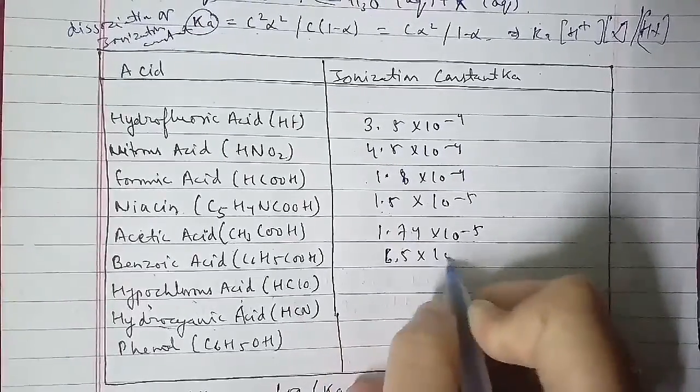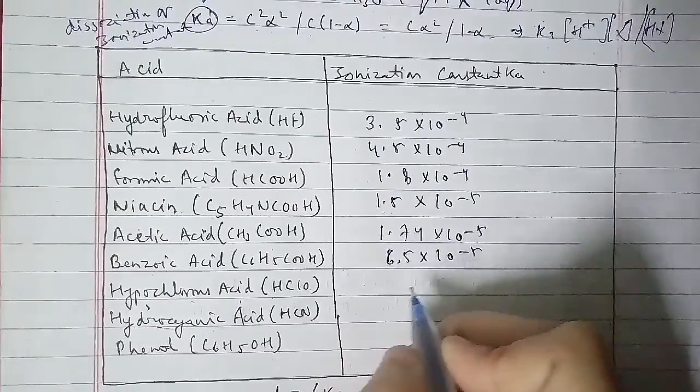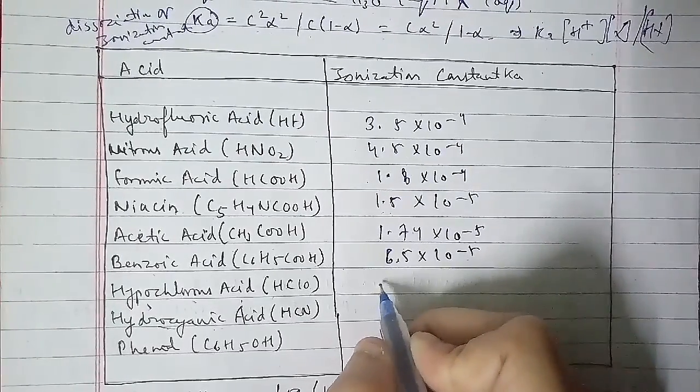With regard to that, a general stepwise approach can be adopted to evaluate the pH of a weak electrolyte as follows.